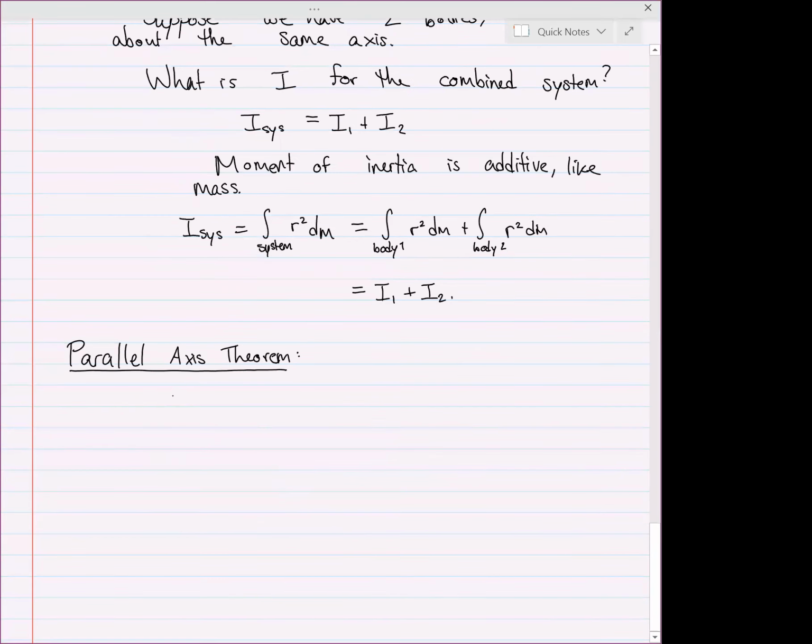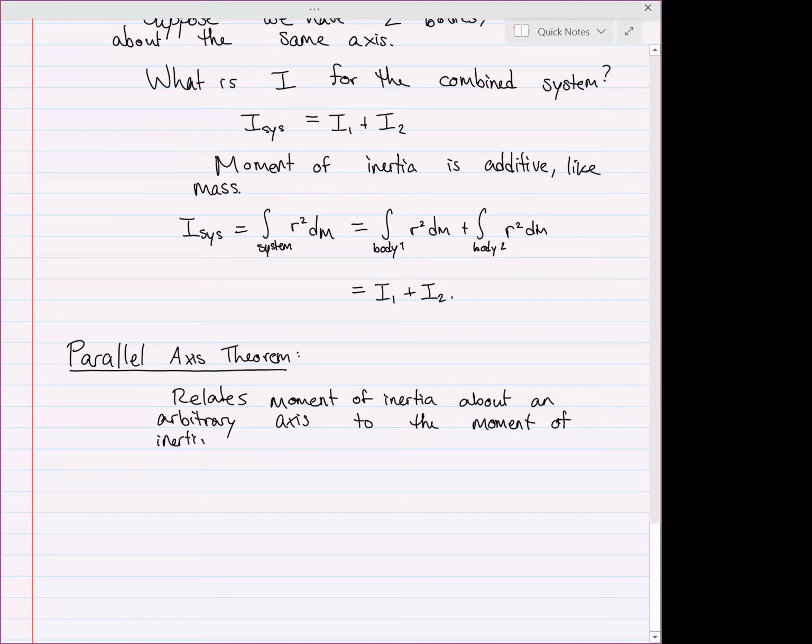So the parallel axis theorem relates moment of inertia about an arbitrary axis to the moment of inertia about a parallel principal axis.